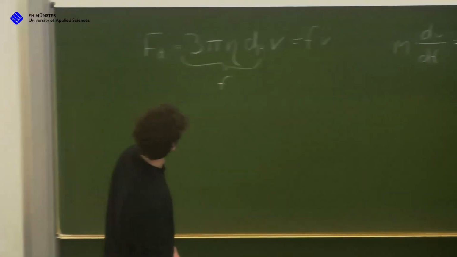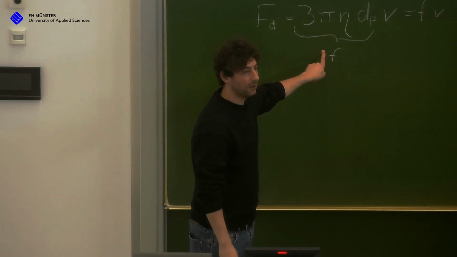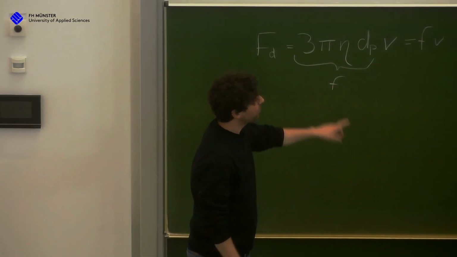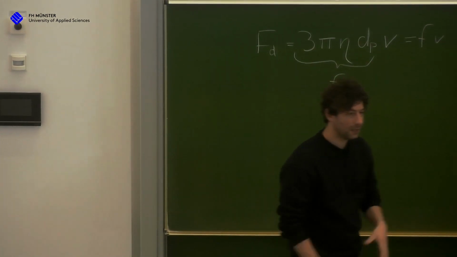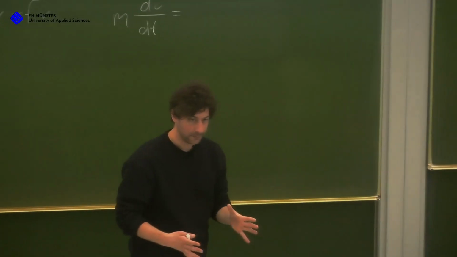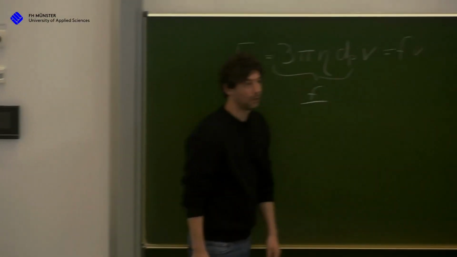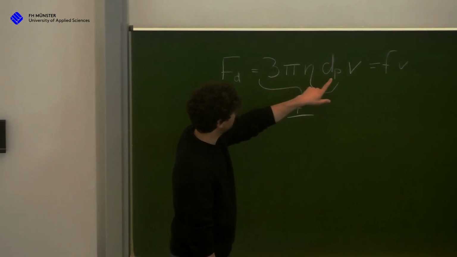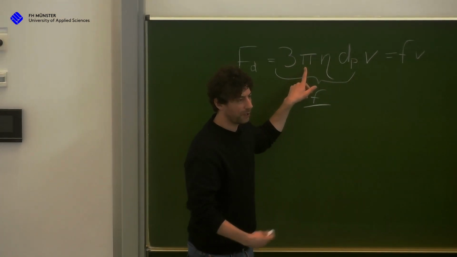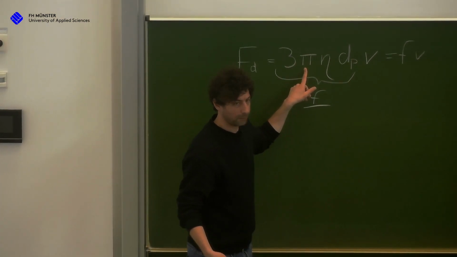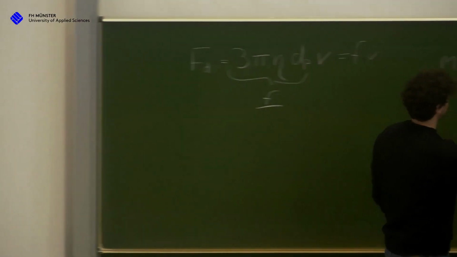So drag we have here. And if you have these complicated equations, you want to solve them. Now you make use of this one, okay? This will be constant. You don't want to carry it along with you all the time, right? So you simplify it.